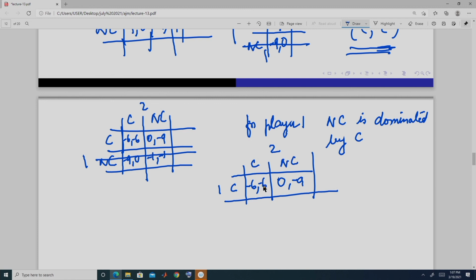If it plays C, it gets -6, and if it plays NC, it gets -1. So, this can be eliminated. Again the outcome is C and C. So, in this case we see that whether we start the process of elimination from player 2 or from player 1, we get the same outcome, that is C and C.